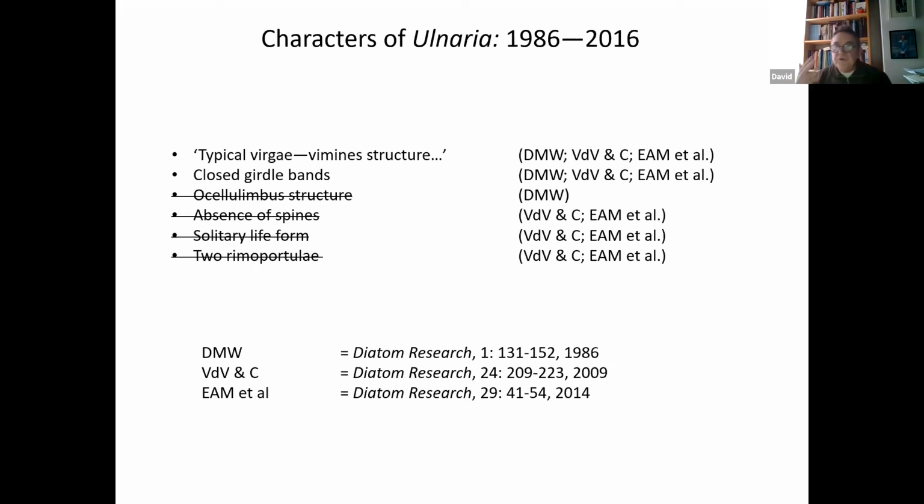I hope you can see that what's happening here is that Ulnaria, Synedra, was being described as opposed to defined. And my adventure with it was to try and define it as opposed to describe it. It's a tough task describing them, of course. Defining it is much more significant.